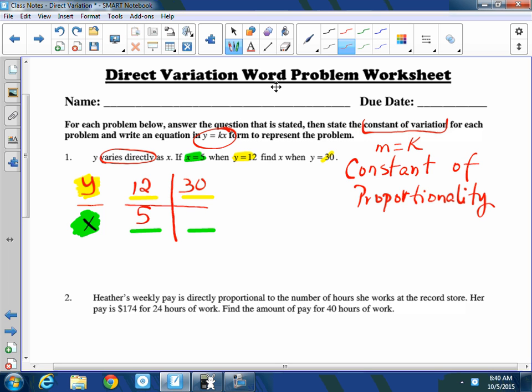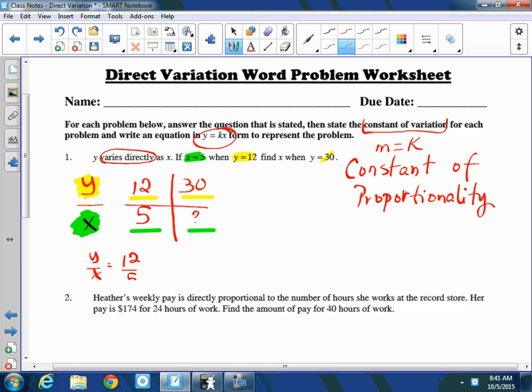Can we just divide it? You can, but then that's the constant of proportionality. So that would be defined K or M, right? But then how do you figure out this value? Let's do it. What's y divided by x?